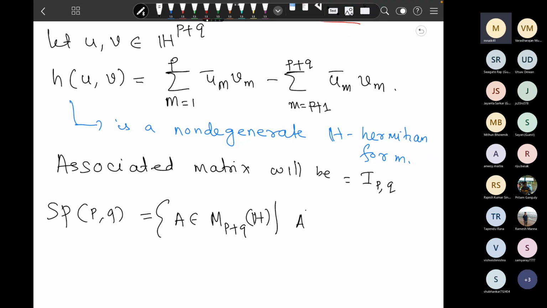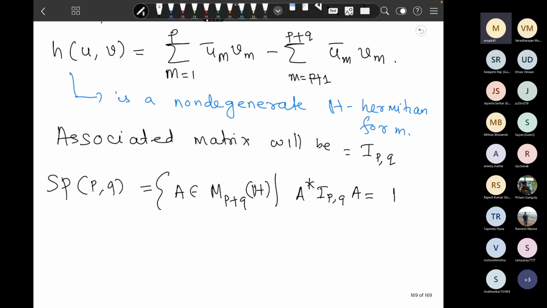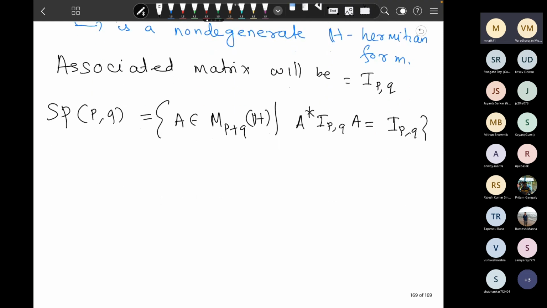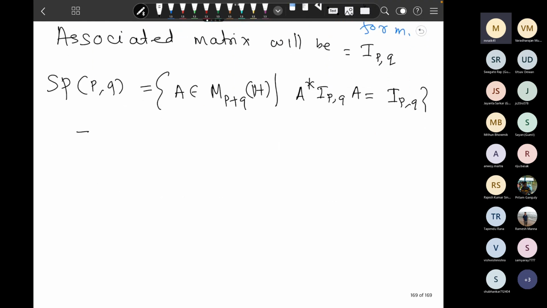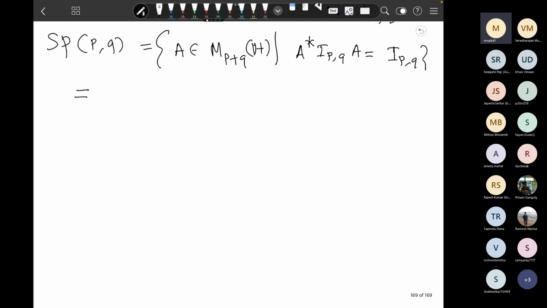So this will be A star I_{P,Q} A is equal to I_{P,Q}. Now I want to go back to the complex picture, so this will be T belonging to M_{2P+2Q}(C). The dimension of the matrix is P plus Q in the Hermitian case, and in the complex case it will double the dimension.